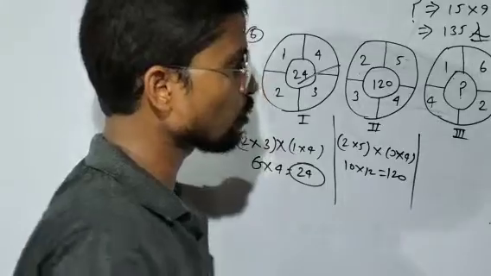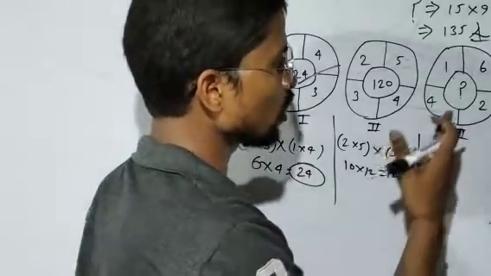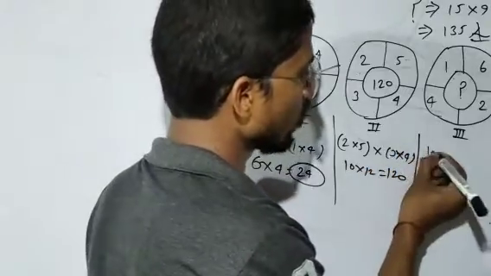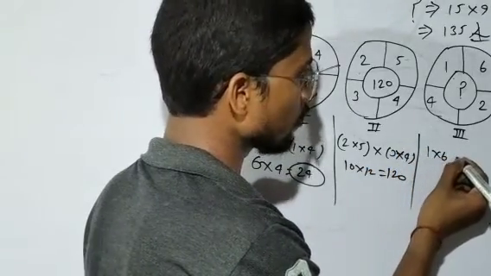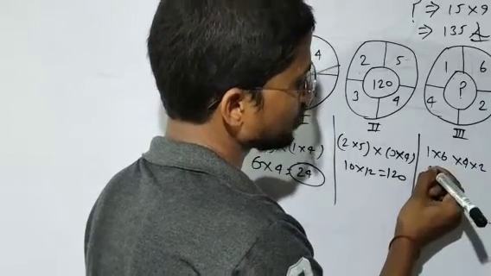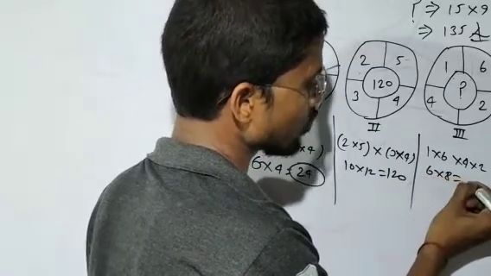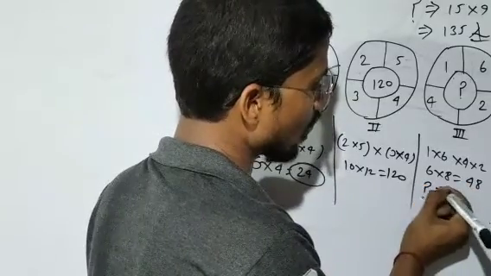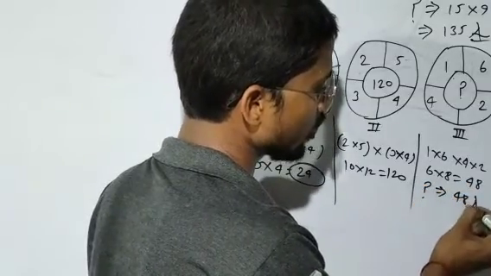Then I can apply the same process for the third circle. I can write 1 multiply 6 multiply 4 multiply 2, that means 6 multiply 8, that means 48. According to the place of what, I can of course write 48.